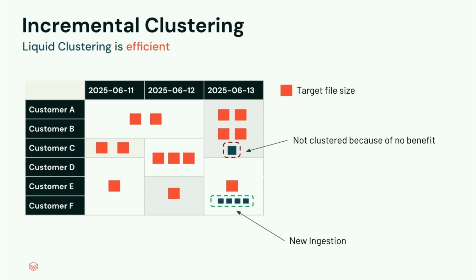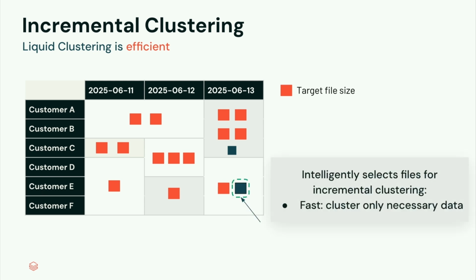You can't really improve anything there. Whereas the red box in the bottom part of the screen is actually small files which can be rewritten to get better file sizes. So we end up rewriting them. So by choosing less data to rewrite, we're actually making things efficient and faster in terms of maintaining the table.